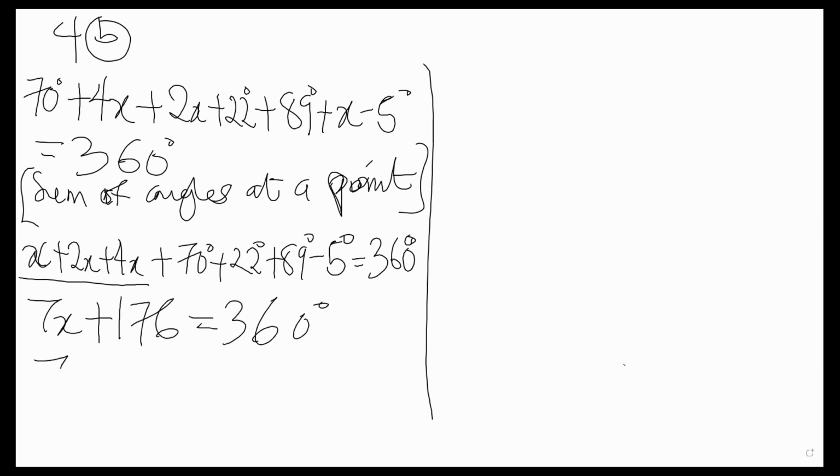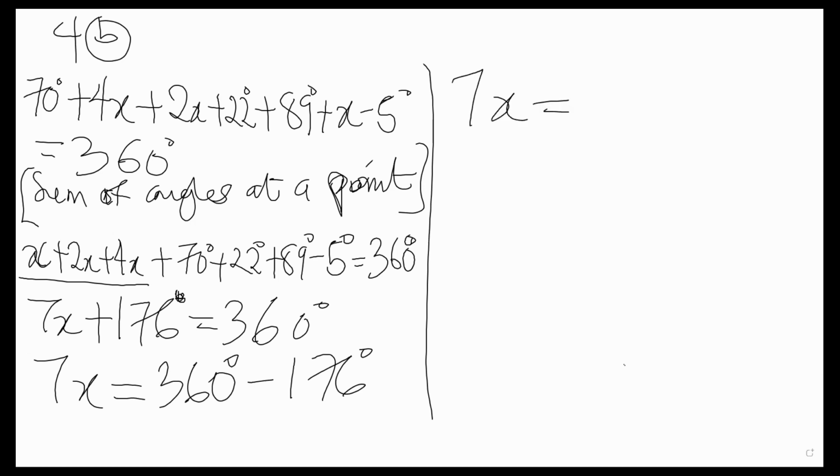So that means our 7x is going to be equal to 360 degrees minus 176 degrees. So 7x is equal to 360 minus 176, which is 184 degrees.